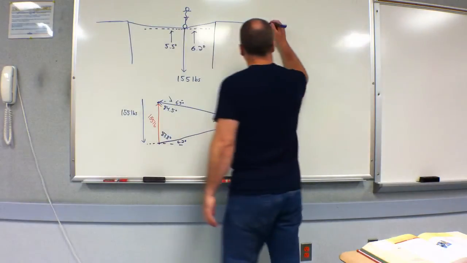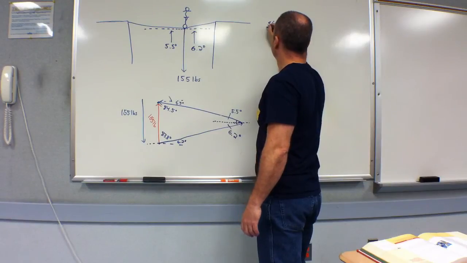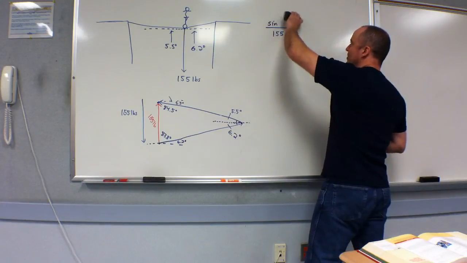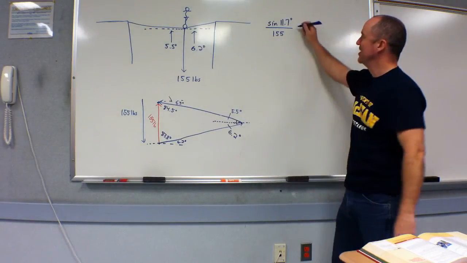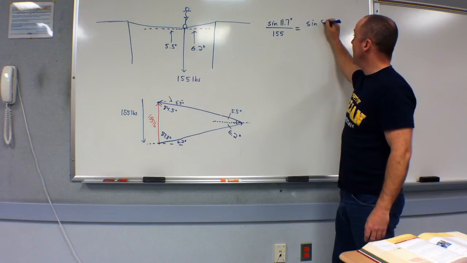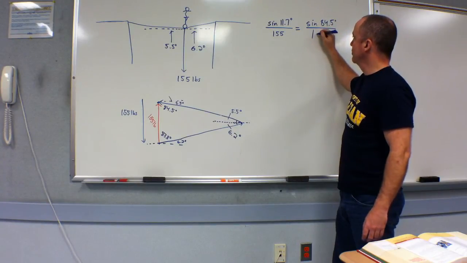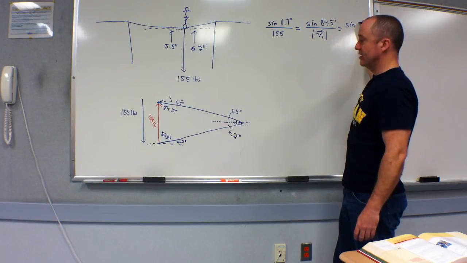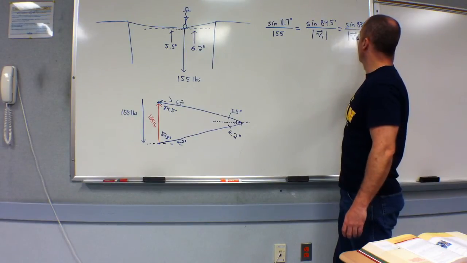So the sine of 11.7 degrees over 155 equals the sine of 84.5 degrees over the magnitude of one of my vectors, equals the sine of 83.8 degrees over the magnitude of my other vector.